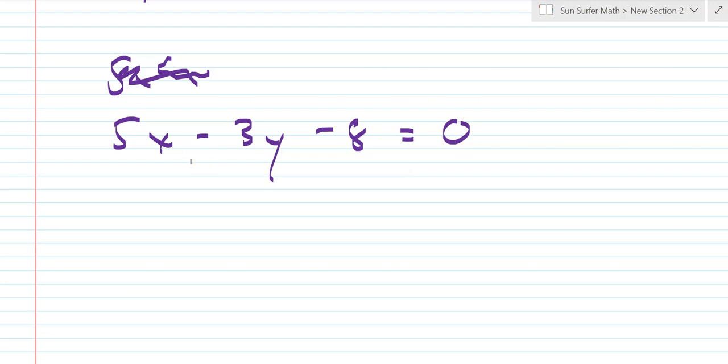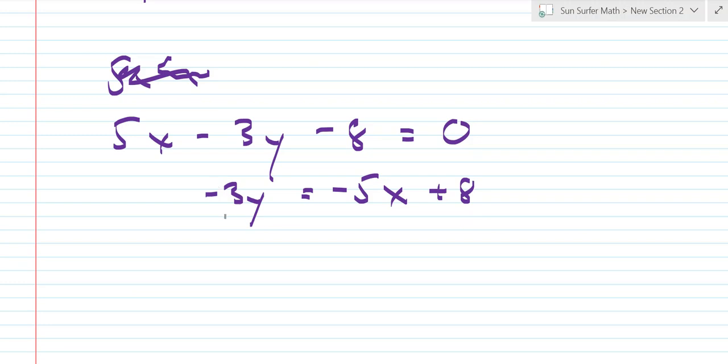Okay, assuming that you stopped the video and solved this on your own, what I'm going to do is take the 5x and subtract it to the other side. I'm going to take the minus 8 and add it to the other side.